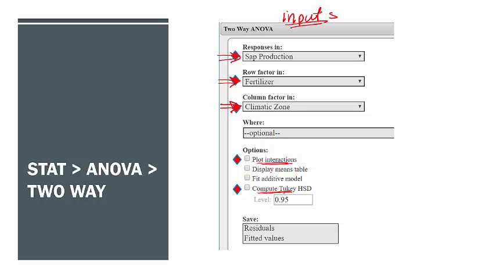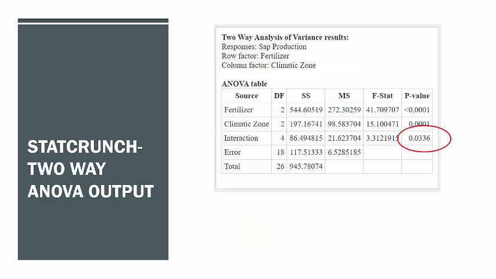Okay, but to get the ANOVA table, you at least have to tell it the response variable. The table that we saw before was actually the ANOVA table for the sap production on the maple trees experiment that we were looking at. So sap production is where my data was.